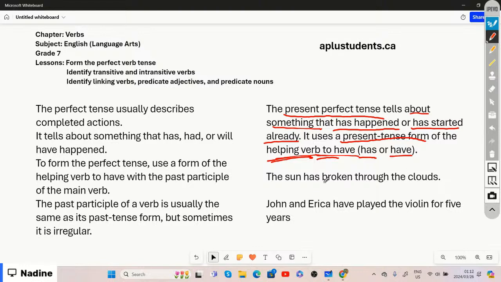So broken is our main verb, and the word has is the helping verb. So, the sun has broken through the clouds.